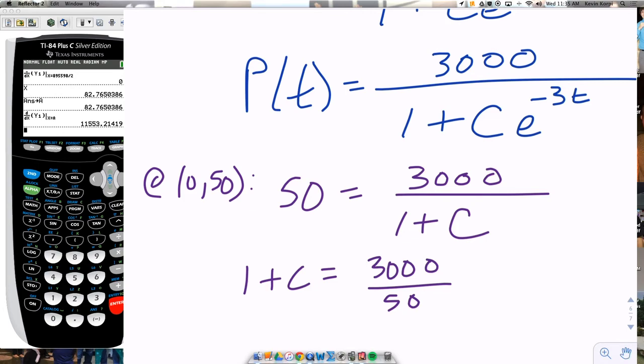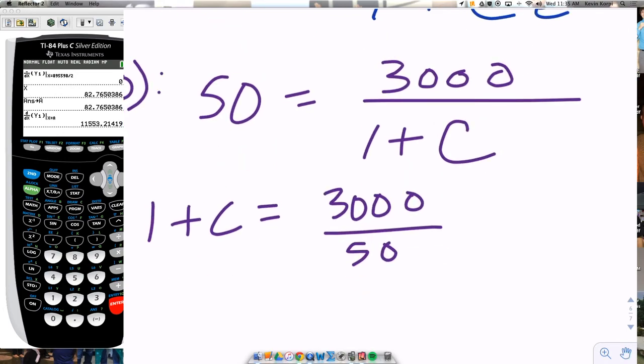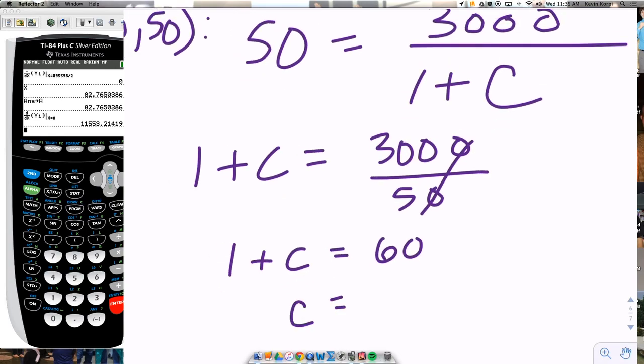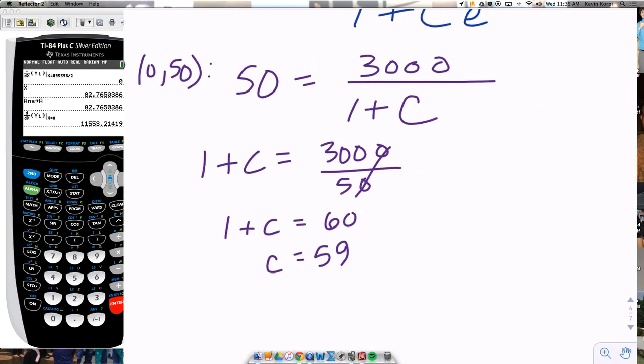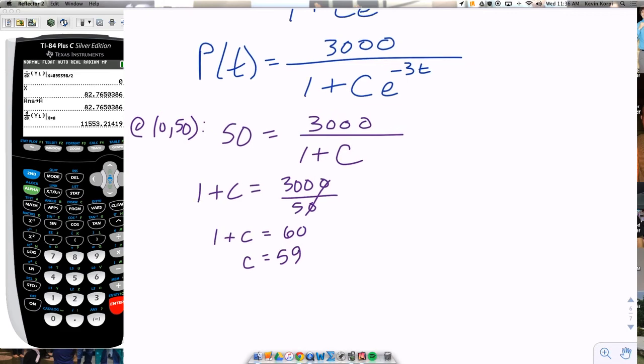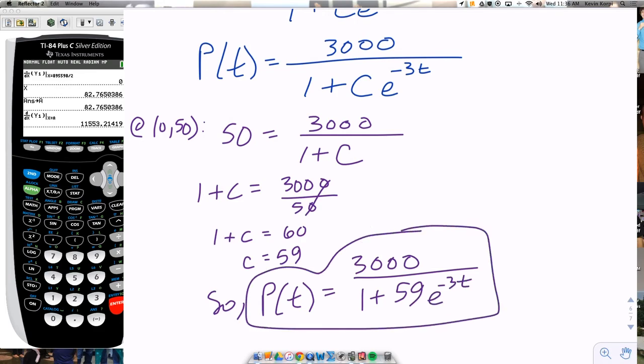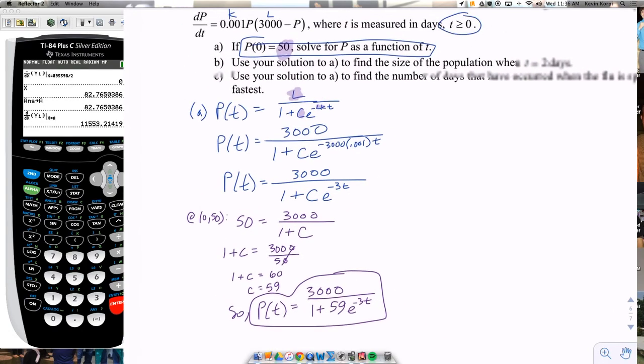Multiply and then divide. So now your trailing zeros divide out over there, and you get 1 plus C equals 60, and C equals what? 59. Bless you. So P of t equals 3,000 all over 1 plus 59 e to the negative 3t. And you have now created your logistic model, your particular solution.